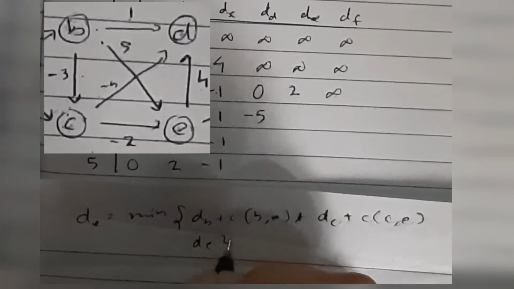All right, then next dE. What's the value of dE? The formula: in how many ways can we reach E? One from B, another from C, and the third one is dE itself. So I'll write dE is equal to minimum among dB plus cost of B to E, dC plus cost of C to E, and dE itself.